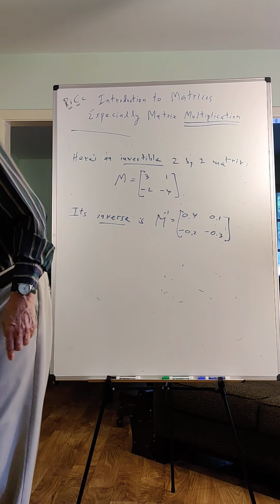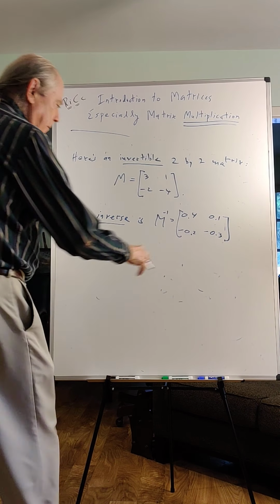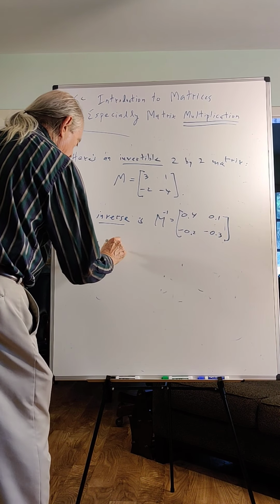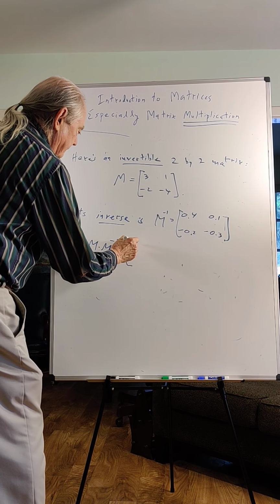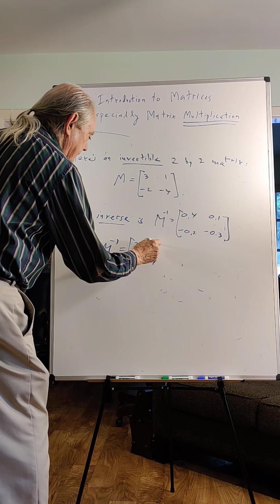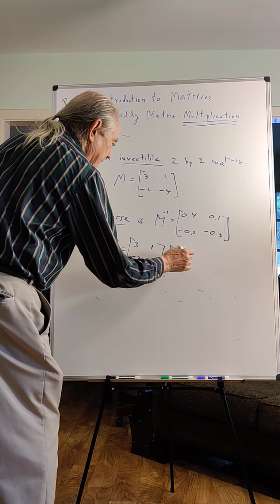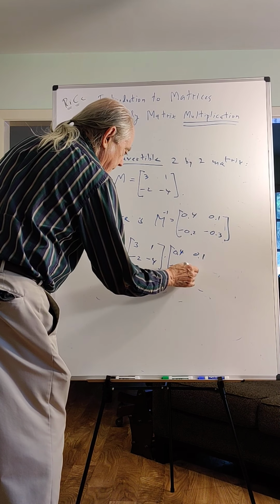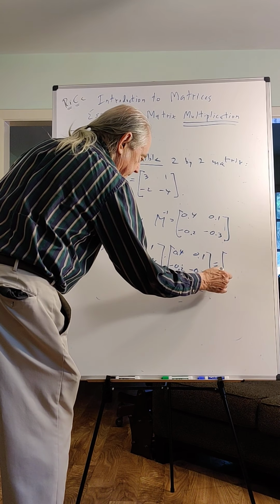Okay, and if you multiply these in either order, either M times M inverse or M inverse times M, it works either way. You get the identity matrix.